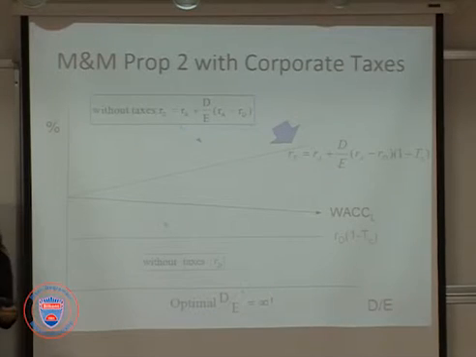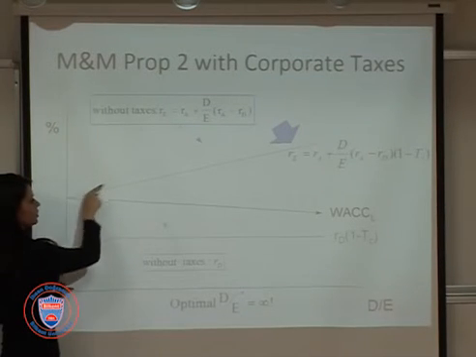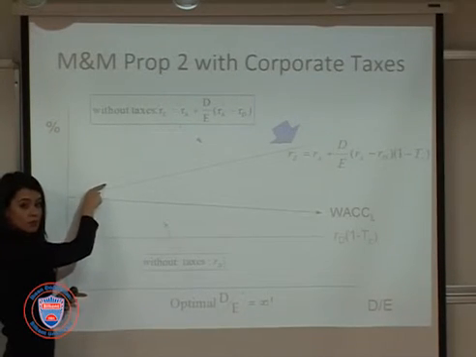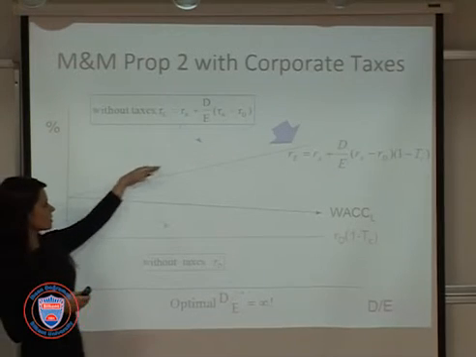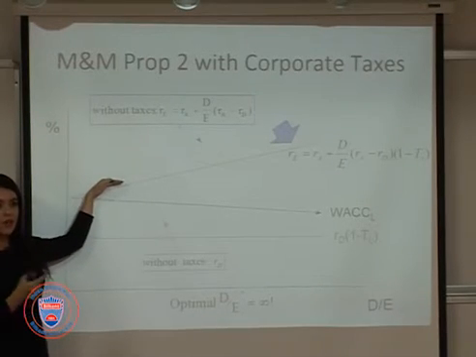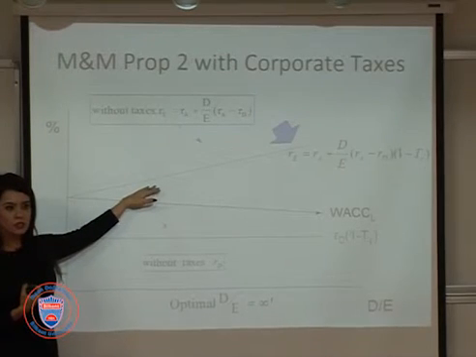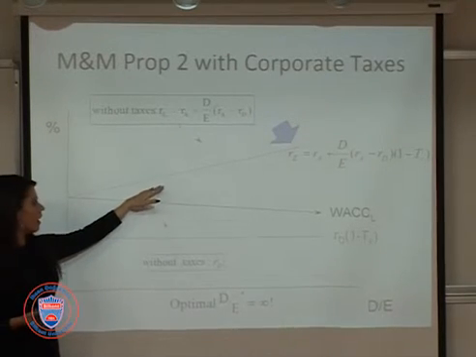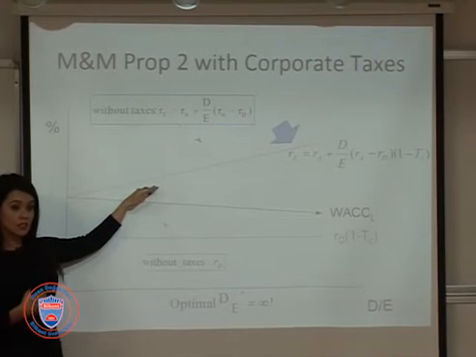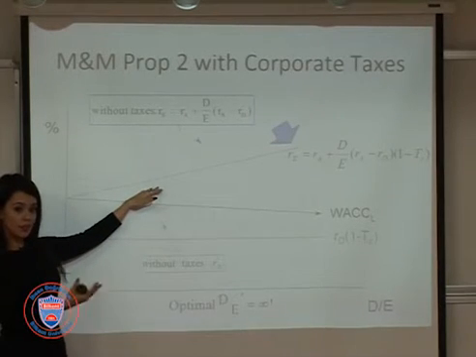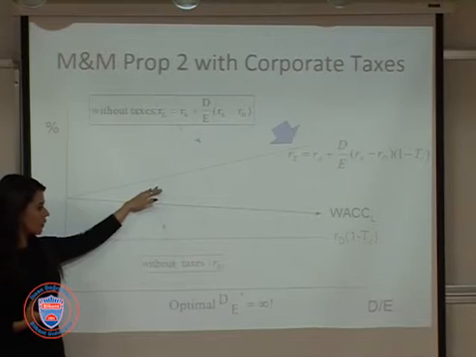So remember we said as debt to equity increases, cost of equity will increase. This is the previous case that we talked about. When you don't have any tax, this is the cost of equity. When you have tax, cost of equity will be lower, just math, and it will increase with increased debt to equity ratio.